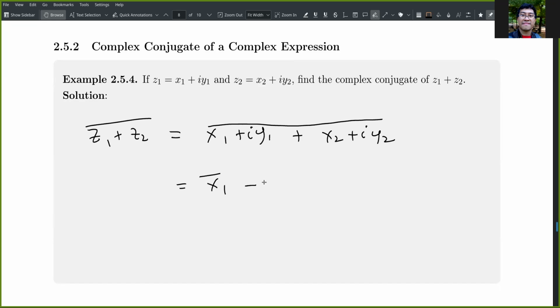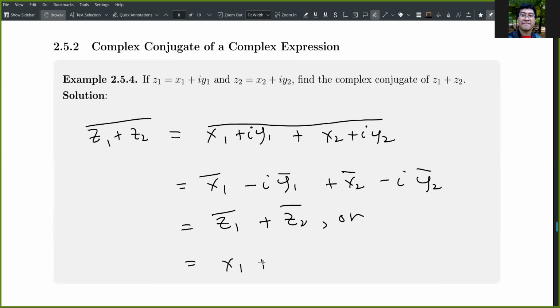So that's x1 minus iy1 plus x2 minus iy2, or this is simply z1 bar plus z2 bar. Or we can also write this as x1 plus x2 minus i(y1 plus y2). Okay.